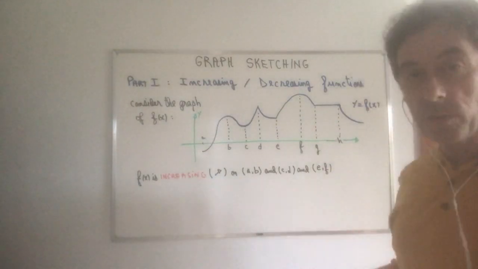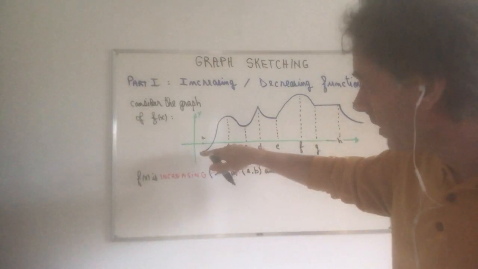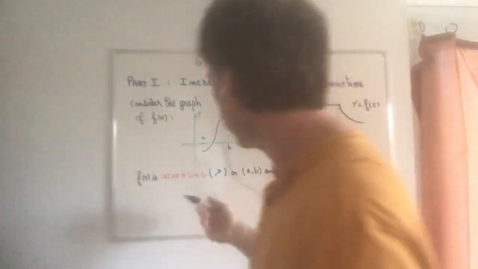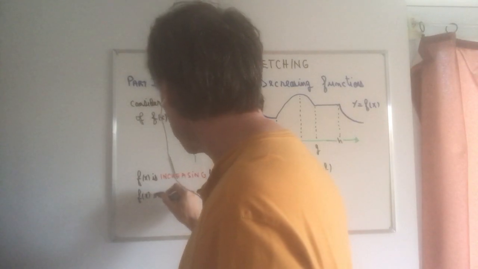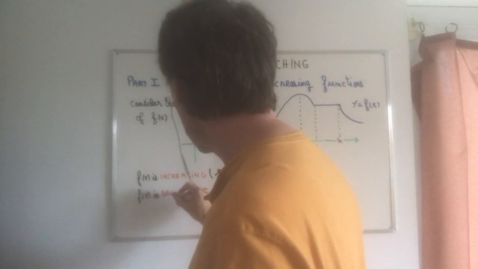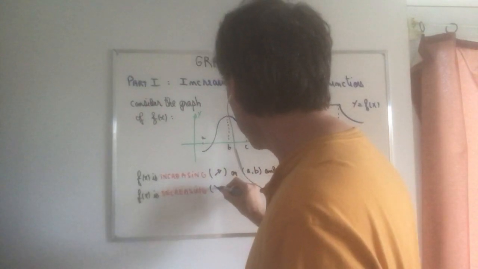So from an intuitive point of view, we say that the graph of f is increasing simply when it goes up. I'll give you a formal definition in a minute, but we're still at the intuitive level. f of x is decreasing, an important notion. And of course, the symbol is the arrow going down.